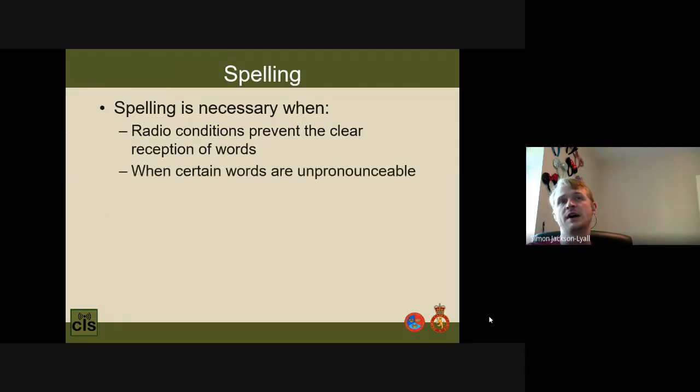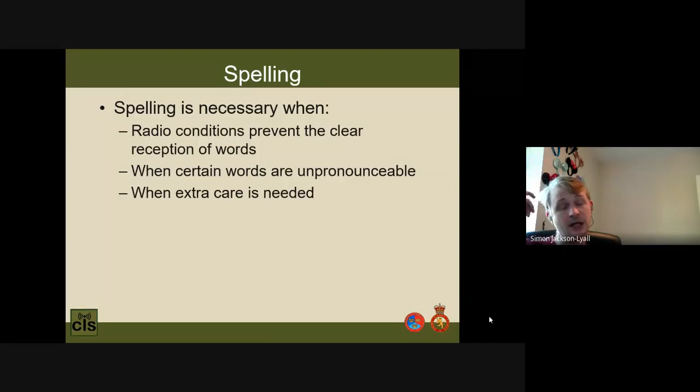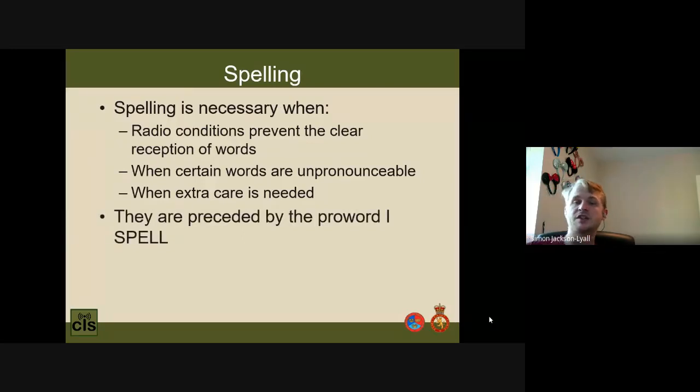Also, if a word's unpronounceable, basically most places in Wales, although I fear that someone will pipe up and tell me that I shouldn't say that, if you can't pronounce something, or when you need to be extra careful, okay, when you need extra care to make sure that something has been understood, maybe the spelling is important and could mean that the message is misconstrued otherwise. So use the pro word.